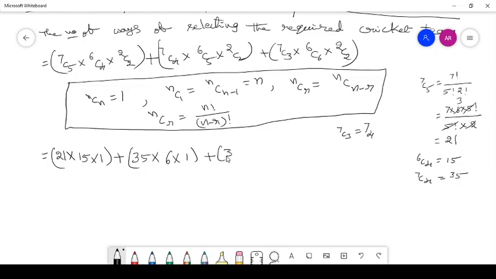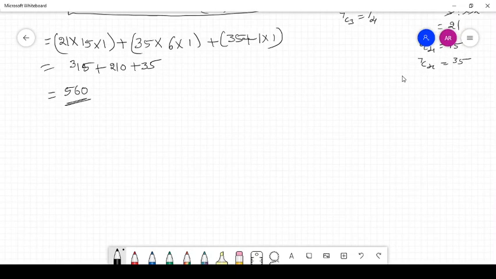So 35 into 6C6, where nCn is 1, into 2C2 which is 1. Next, 21 into 15 into 1 is 315, plus 35 into 6 is 210, plus 35 into 1 is 35. The total value is 560.